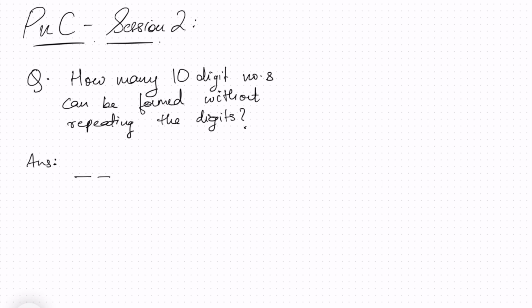Now, just to recall, I'll give the solution once again. For a 10 digit number, these are the 10 places that we have to fill. Now, because repetition is not allowed, the first place I can fill in 10 ways. I've used up one digit, so the second place I can fill in 9, the third in 8, fourth in 7, 6, 5, 4, 3, 2, 1.